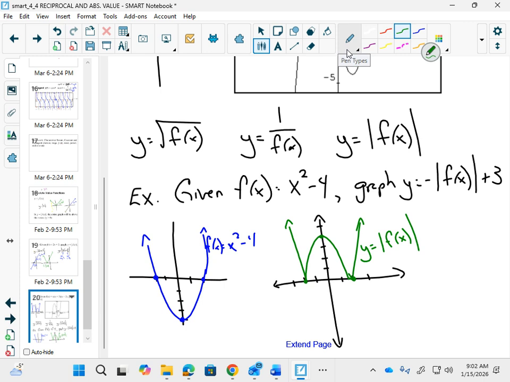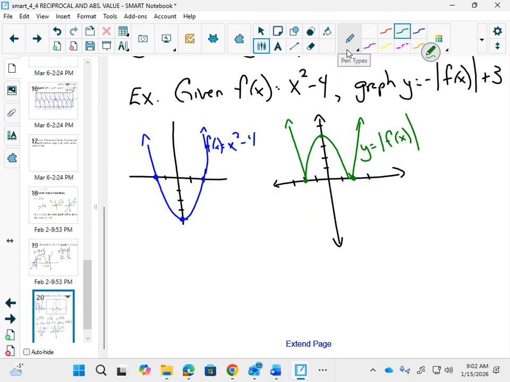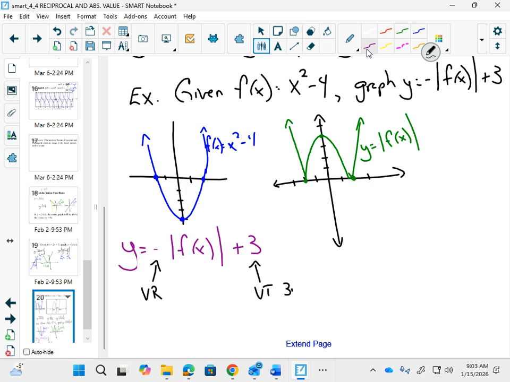And now I'm going to think about graphing what would happen if I did all of this. The negative would be a vertical reflection, and the plus 3 would be a vertical translation 3 units up.